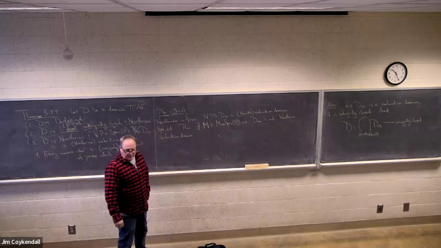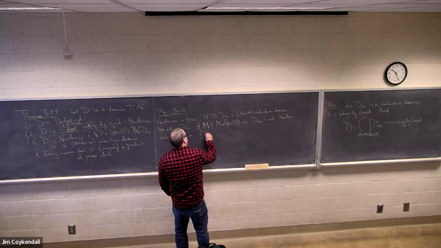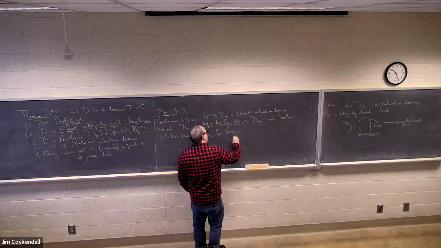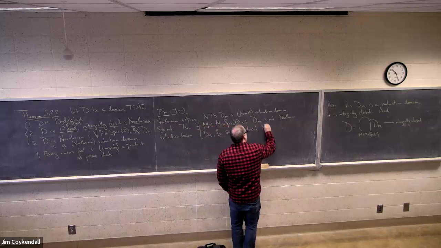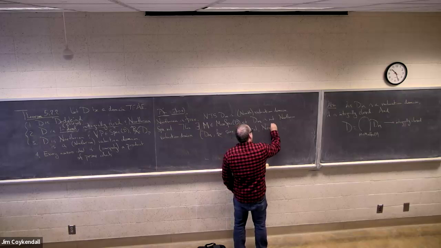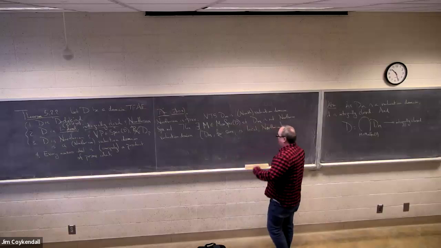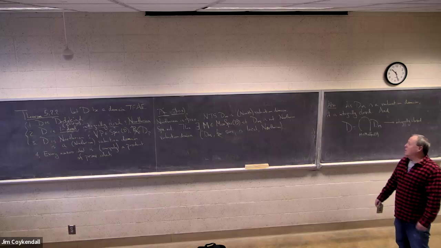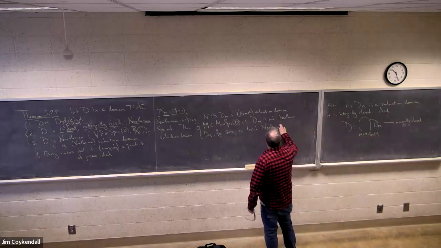But let me note at the outset, what do we know about D_M? Of course, I use the word local. Let me make clear, we know for sure it's local, Noetherian, and what else?